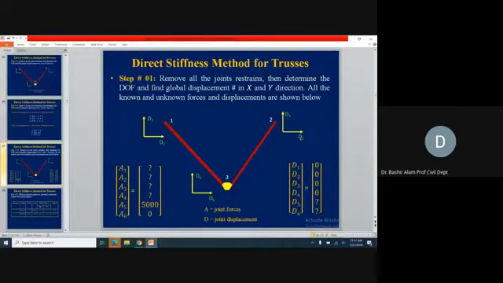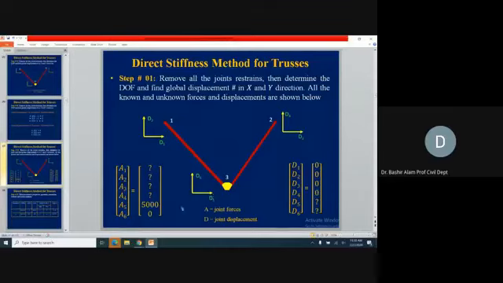Similarly, A3 corresponds to D3 and A4 corresponds to D4, with question marks. Why? Because at this stage we don't know how much the actions, which we take as unknown reactions, will be. At joint 3, we have D5 and D6, so the corresponding actions will be A5 and A6.